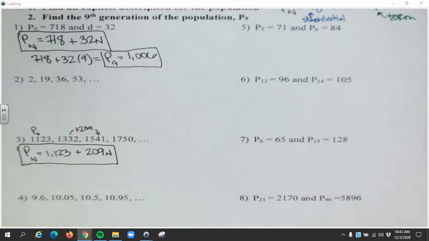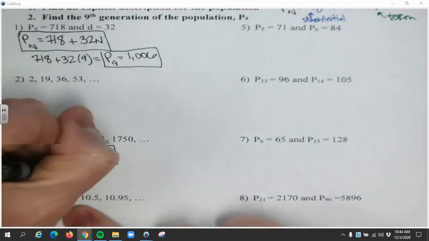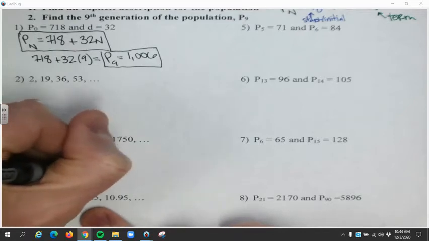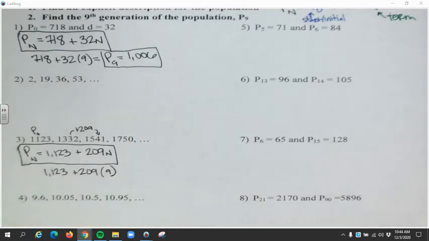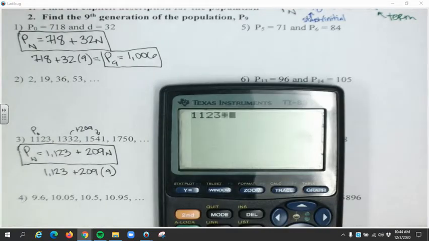So now we're going to use that n and plug in, just like the directions say, find the 9th generation. So now I'm going to plug in 9 for that n. So I'm going to do 1,123 plus 209 times 9. And it gives me 3,004.